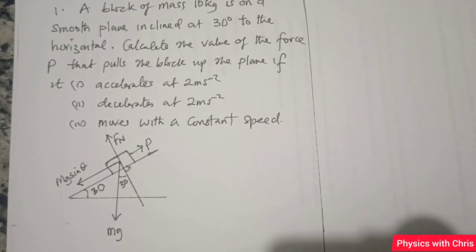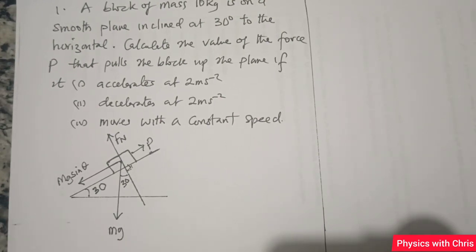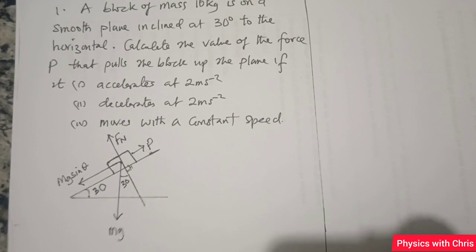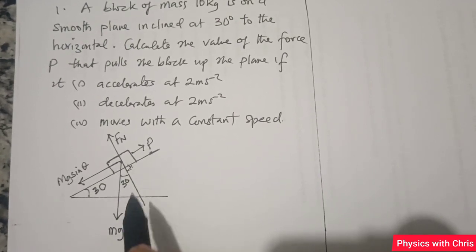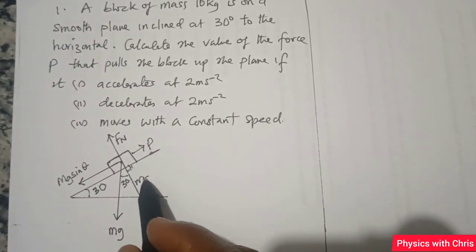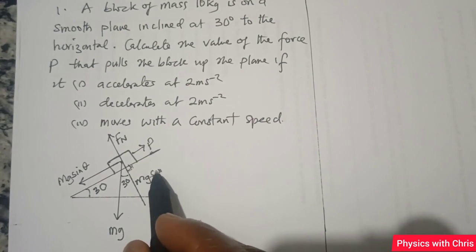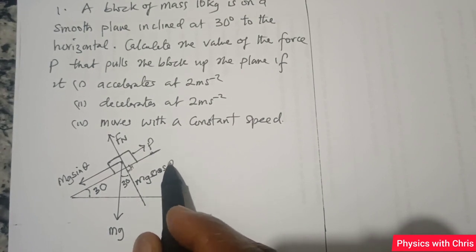In my last video, I showed how to resolve the weight mg into two perpendicular components. The component of mg, that's the weight of the block, down the plane is mg sin theta. The other component that acts perpendicular to the plane is mg cos theta.